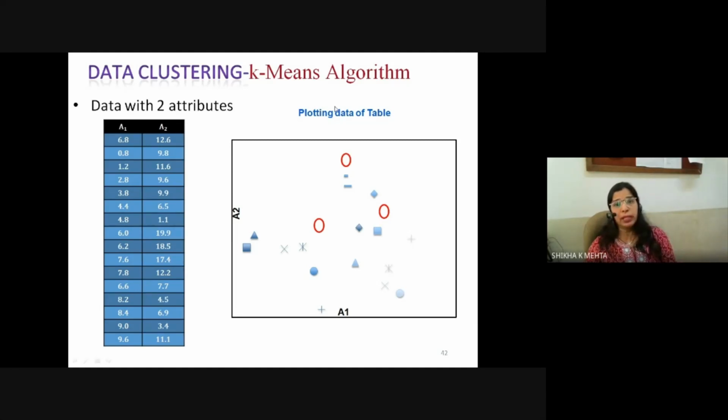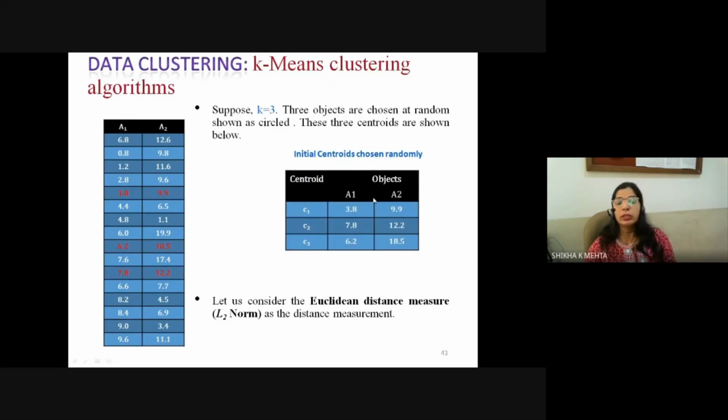So what do we do when we apply the k-means clustering algorithm? We have just plotted the data here. On the x-axis we have the A1 attribute, and on the y-axis we have the A2 attribute. After plotting these points, we randomly choose three locations, three centroids, because initially we don't have any information. So we choose any three data points to be the centroids, let us say C1, C2, and C3, because we wanted to create three clusters.